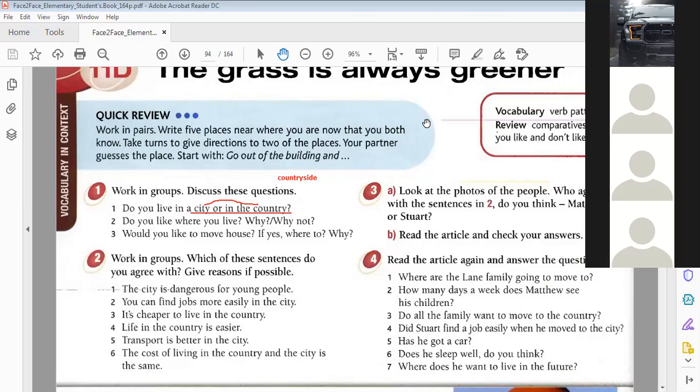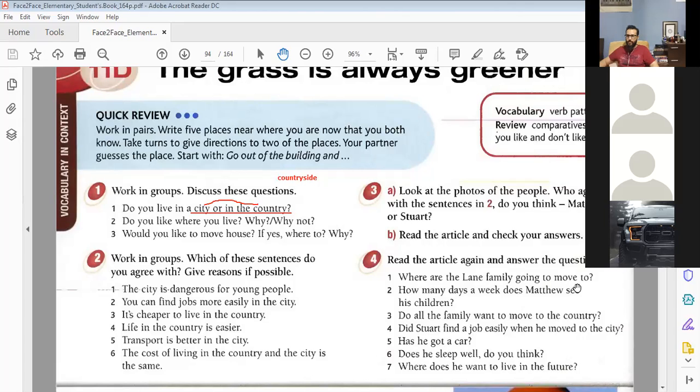I think you're right. What about number three, Abdullah? What do you think? Do you think this is true, Abdullah? No, I think no. No, I think yes. I agree. Why do you think it's cheaper to live in the country? Why do you think it's cheaper? Because the city is expensive. Okay. Why do you think the city is expensive?